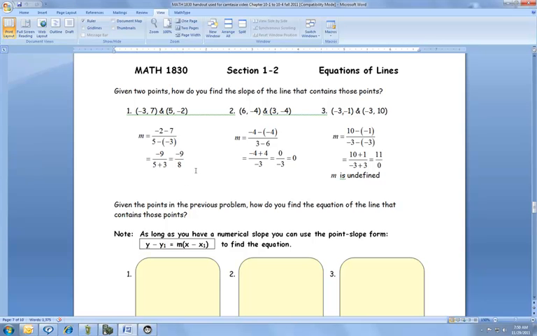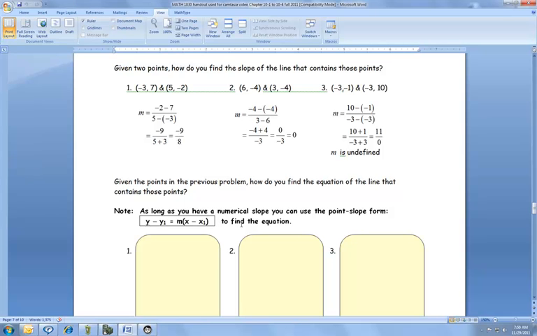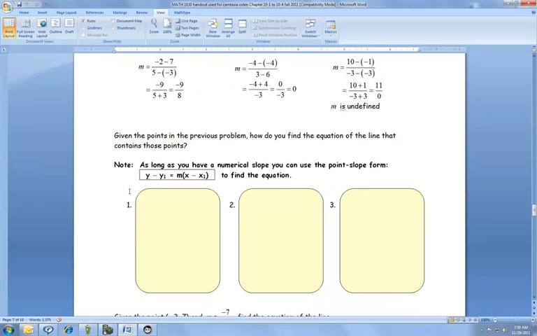Given these particular points, the next thing I have to do is find the equation of the line that contains those points. As long as you have a numerical slope, you can always use this formula. So with respect to numerical slope, problem 1 and problem 2, I can use this formula. Problem 3, I can't. I can't put undefined in for slope.